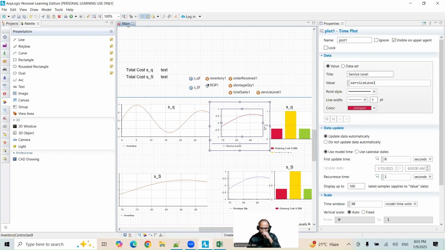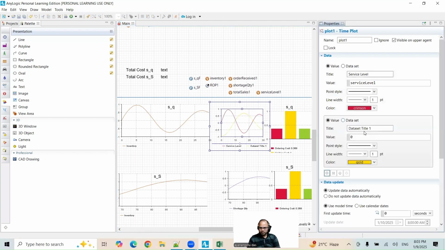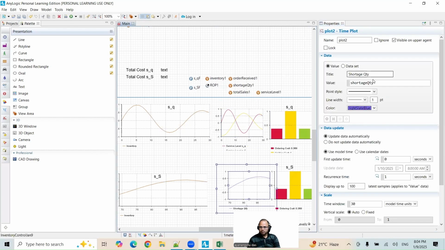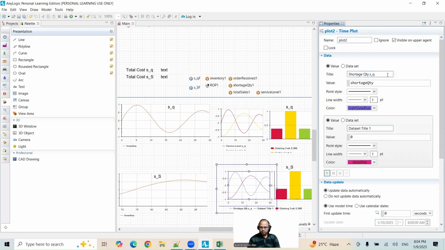For these charts of service level, we can plot both the service levels. So we'll say service level of SQ and service level of SS. And for the shortage quantity, we can say shortage quantity of SQ and shortage quantity of SS.